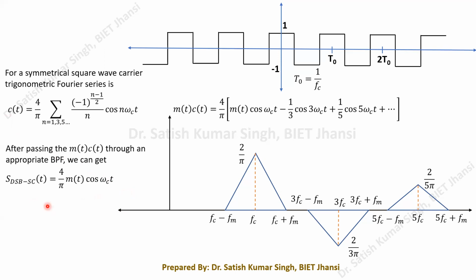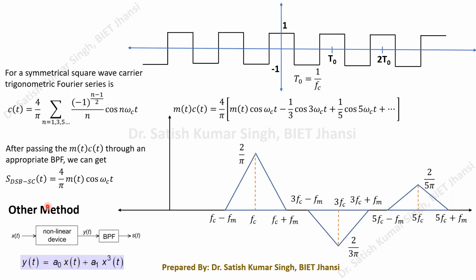Now after having this ring modulator, I would like to emphasize that other than these two modulators, balanced modulator and ring modulator, we can also have some other methods that will be able to generate the DSB-SC signal. So that is our non-linear devices and band pass filters.